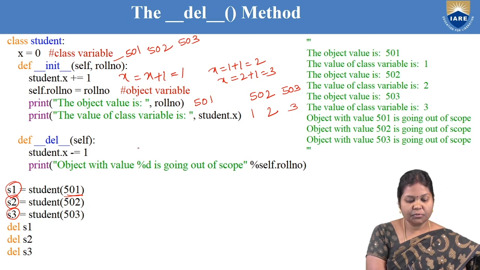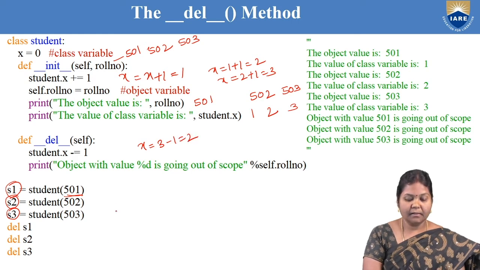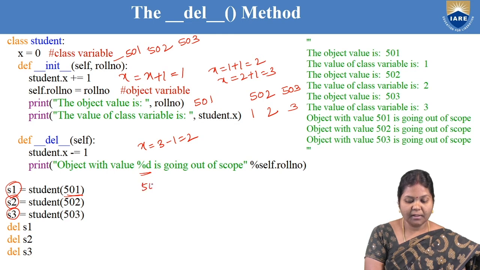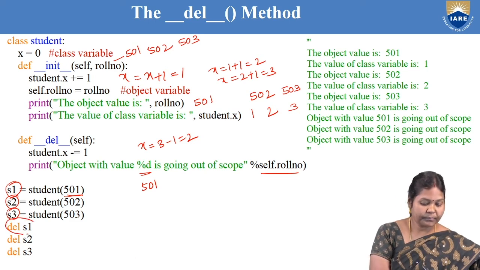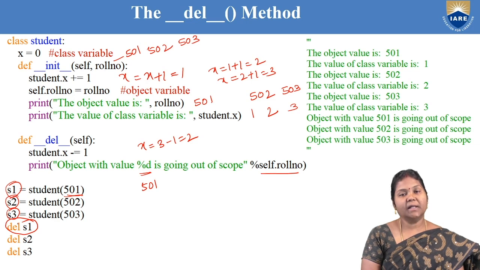Earlier it was 3, now it becomes 3 minus 1, which is 2. And the object with the roll number 501 is going out of scope whenever you use del. So you can print self.roll_number. You have to do this using the del keyword.